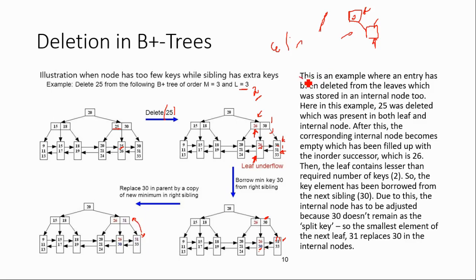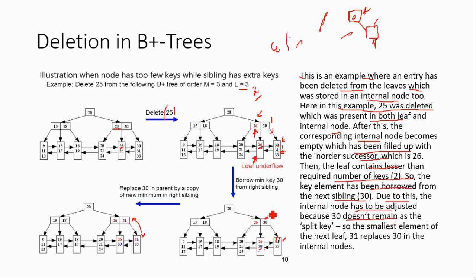So this is an example where an entry has been deleted from the leaves which was also stored in an internal node. In this example, 25 was deleted, which was present in both leaf and internal node. After this, the corresponding internal node was filled with the in-order successor, which is 26. Then the leaf contains fewer than the required number of keys, which was 2. So the key element has been borrowed from the next node, 30. Due to this, the internal node has to be adjusted, because 30 doesn't remain the same.